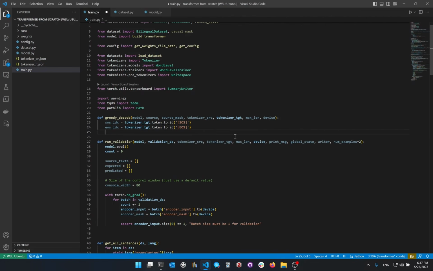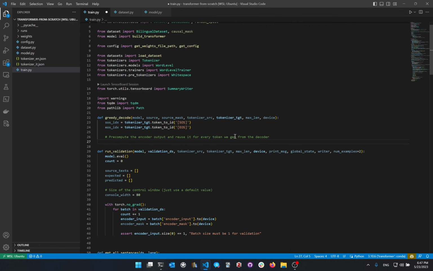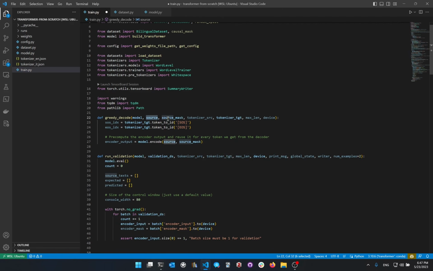And then what we do is we pre-compute the encoder output and we use it for every token we get from the decoder. So we just give the source and the source mask, which is the encoder input and the encoder mask.